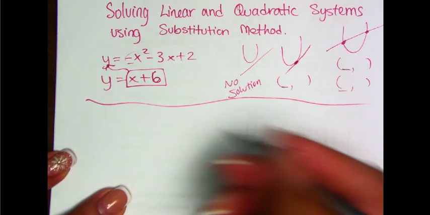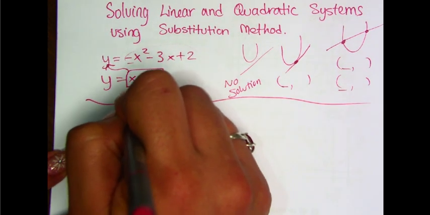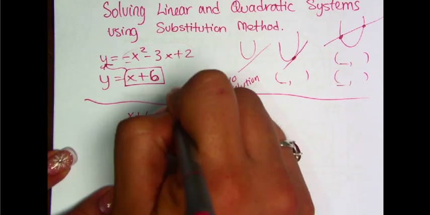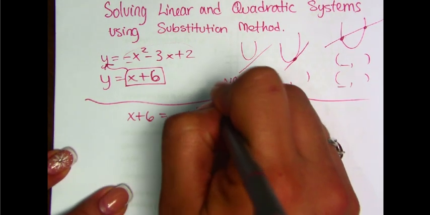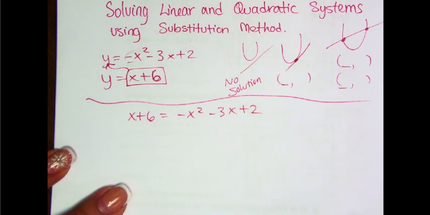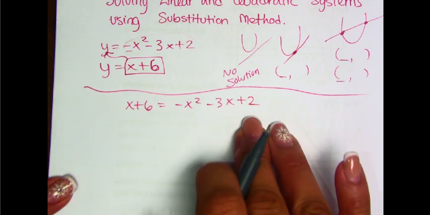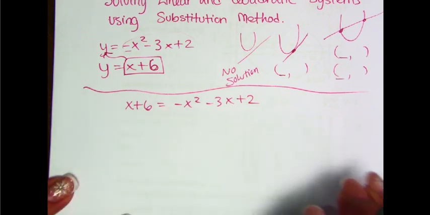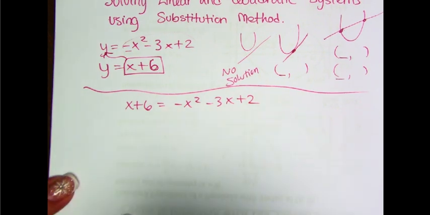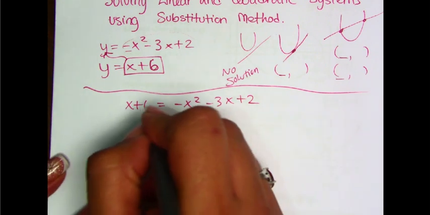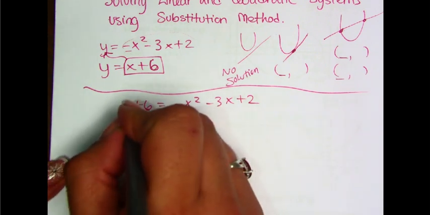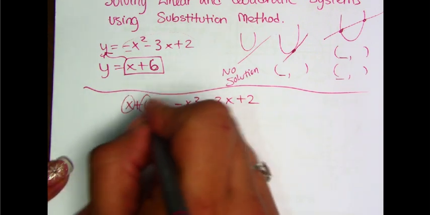So we write the whole equation of x plus 6 equals negative x squared minus 3x plus 2. Now we want to move everything to one side so we can solve the quadratic equation.